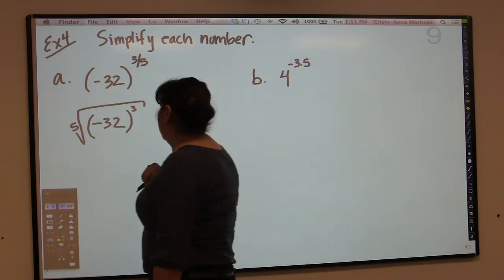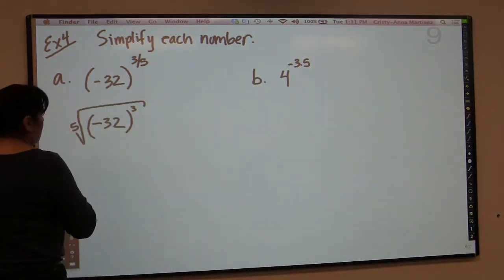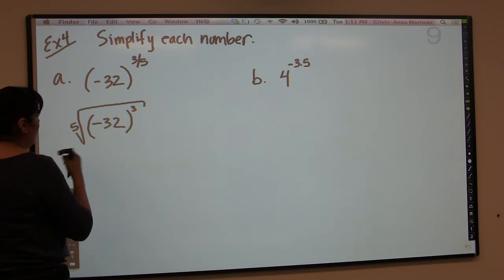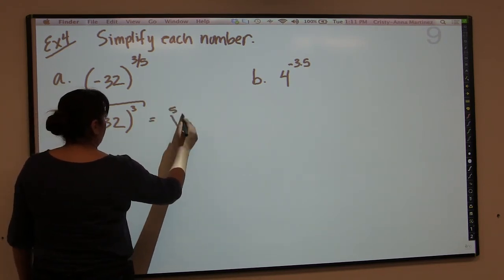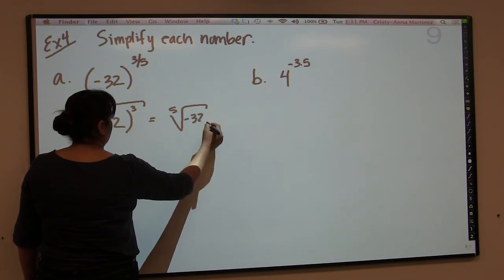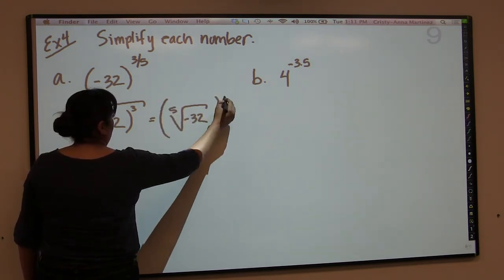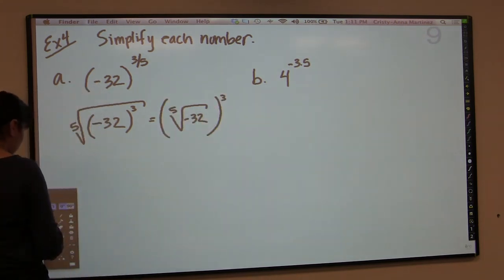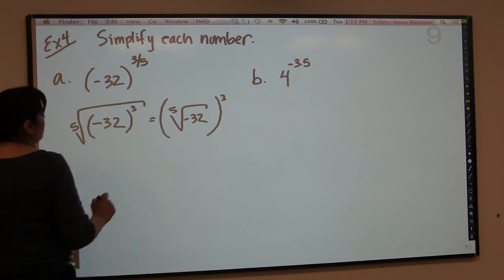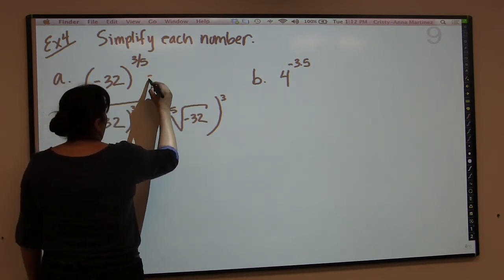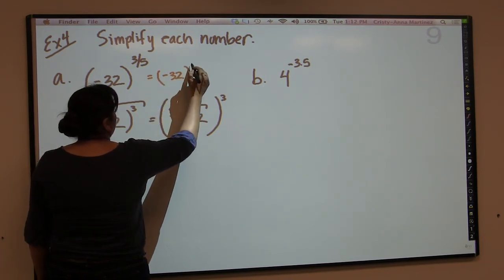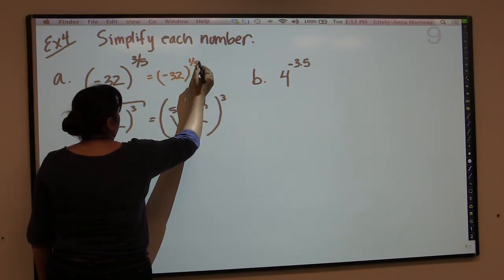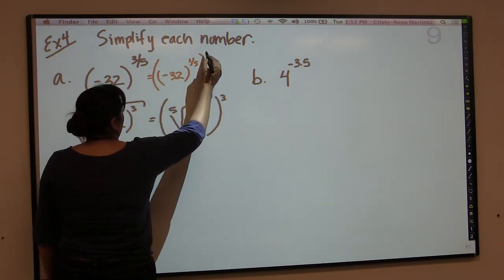This is what I'm going to do. It's going to be convenient for us to write this problem with 5th root of negative 32 and then raise it to the 3rd power. And you can do this because if you look at the properties of exponents, there's a couple of ways that you can write this. You can either say negative 32 to the 1/5 power and then to the 3rd power.